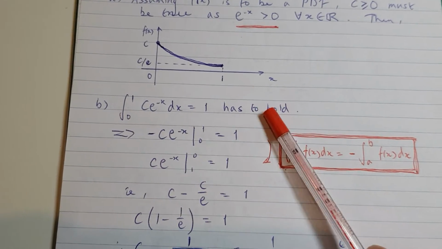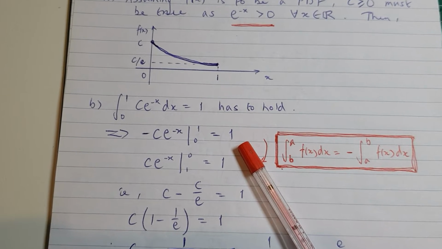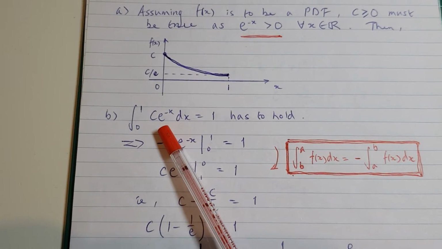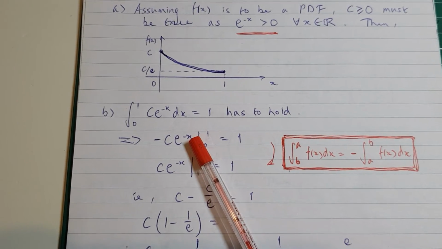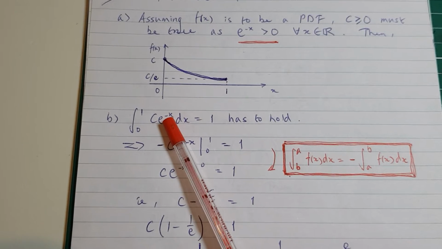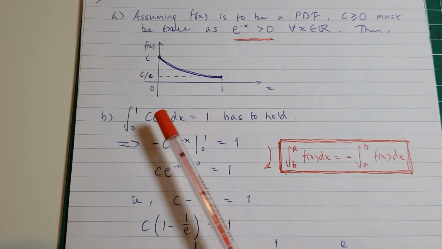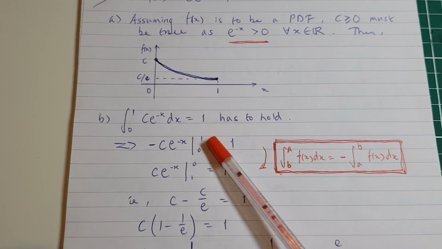So for that to be true, this leaves us with this statement. So the primitive of e to the minus x is, yes, you get the e to the minus x back, but also reverse the chain rule says you have to divide by the derivative of the negative x with respect to x, which is negative 1. So you get this, and evaluate it from 0 to 1.